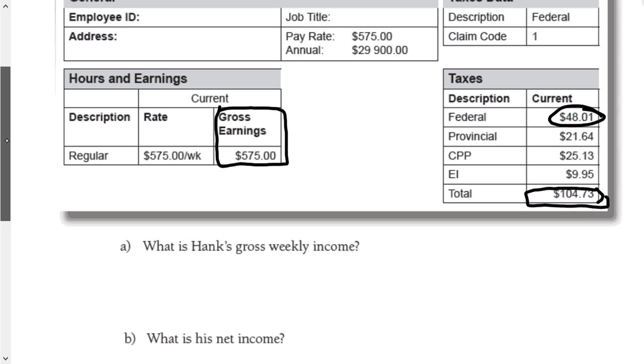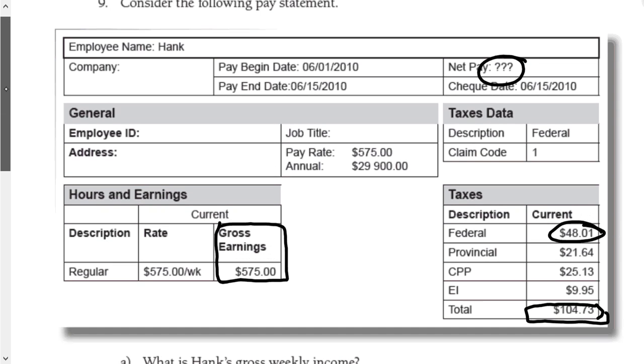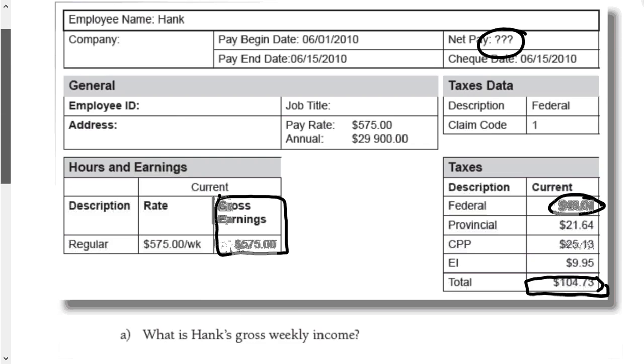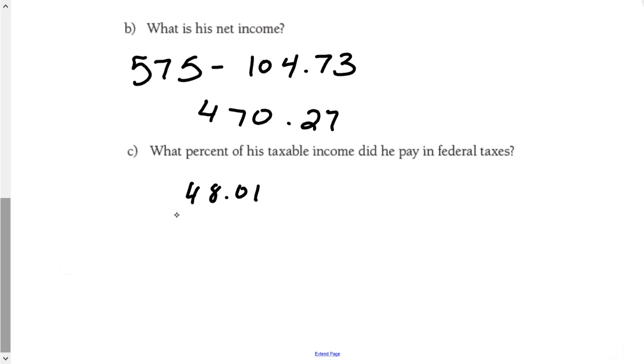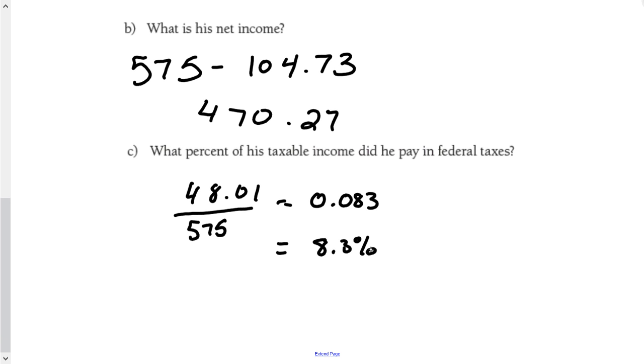And we divide that by 575, which is equal to 48.01 divided by 575 to give us 0.083, about 8.3%.